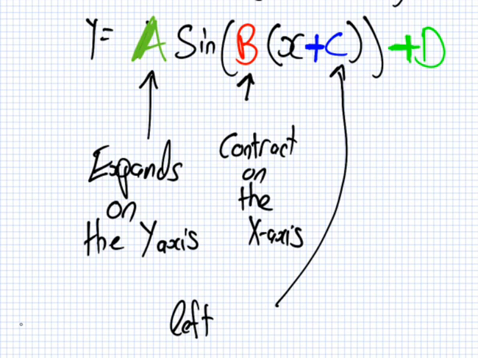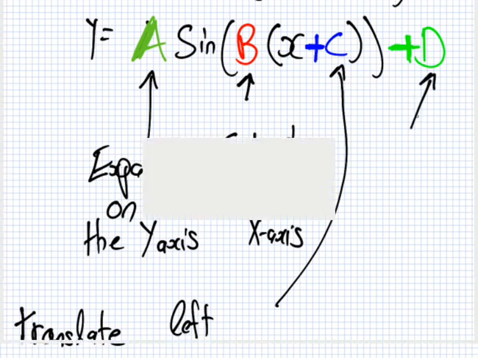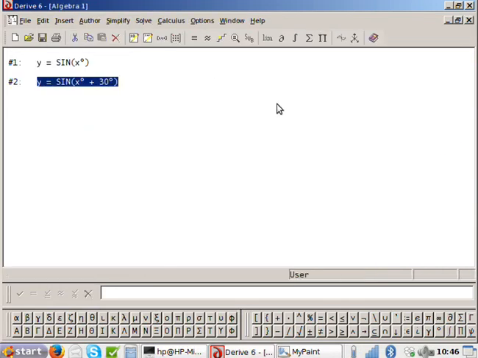So let me show you. When you have an A here, the graph expands. So KJ and Amanda, you both said it moves up. Not quite this. It expands, like it gets pulled. Let me show you. Now, what is the A in our example? 2.